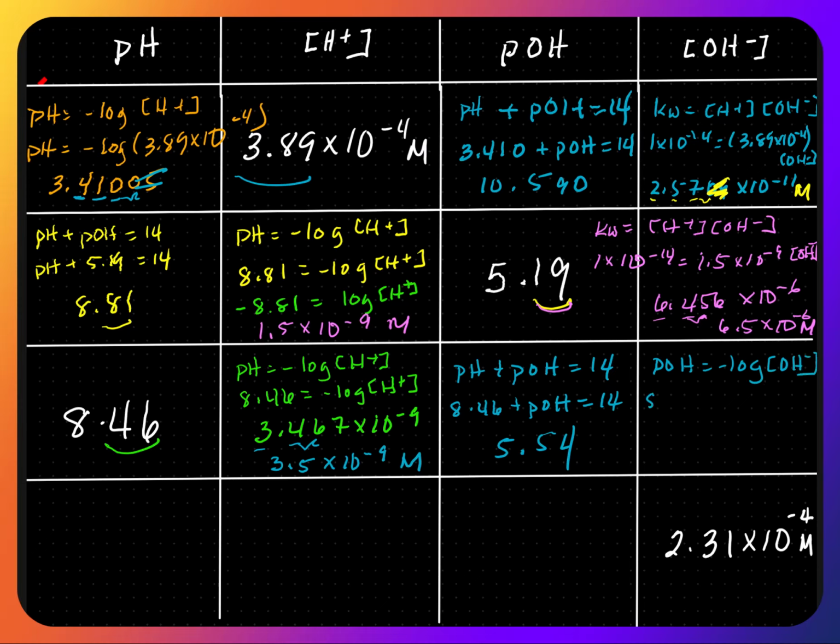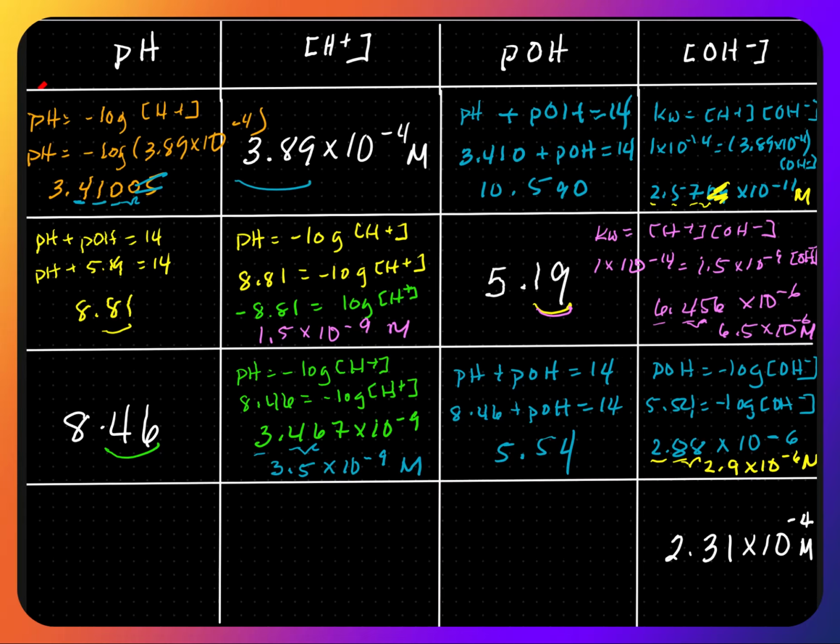So this is going to be 5.54 equals negative log of OH minus. So the first thing you're going to do is divide both sides by negative and then take the anti-log. And when you do the anti-log, you should get 2.88 times 10 to the negative 6. It needs 2 sig figs, so it's 1, 2. I look 1 to the right, so it's 2.9 times 10 to the negative 6 molar.